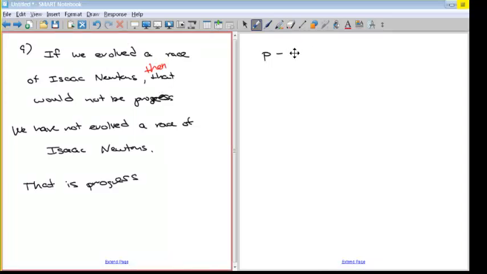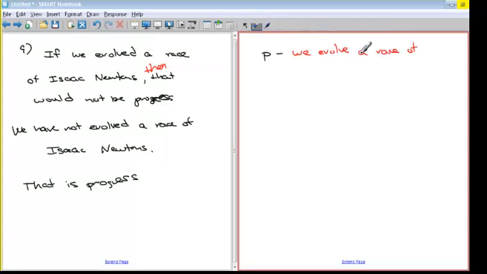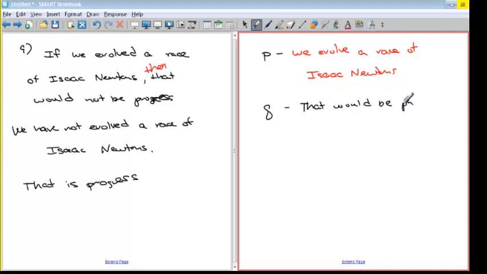So the first statement is we evolve a race of Isaac Newtons. The second one is that would be progress, or that would not be progress, doesn't matter. You could do it as that would not be progress, but I'm going to use a positive, that would be progress.